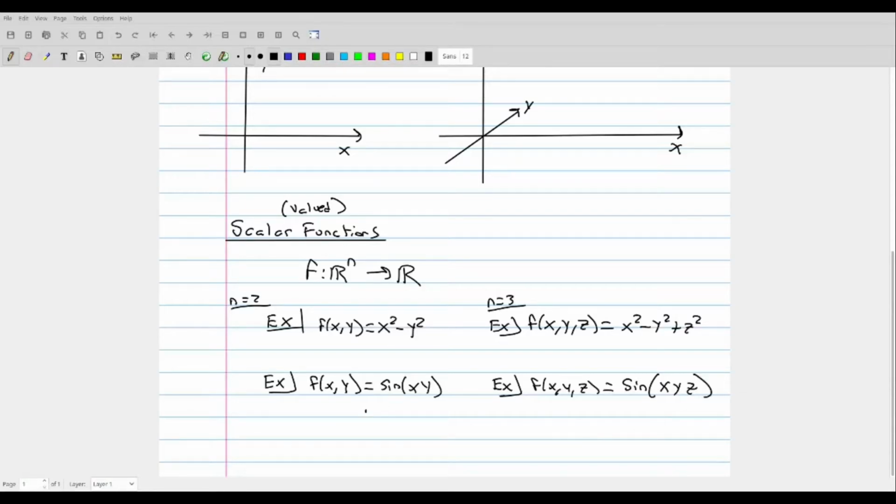Now, there are many, many other example functions that you can come up with in either scenario, but the idea here is that we're always associating an input to an output. For a scalar function of n variables, the input is a vector of n values, x1, x2, all the way to xn.